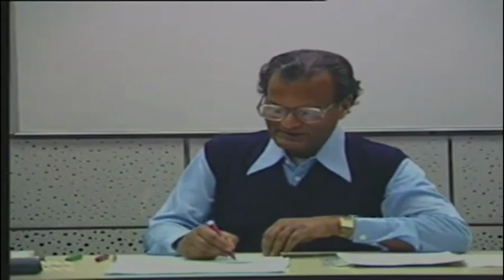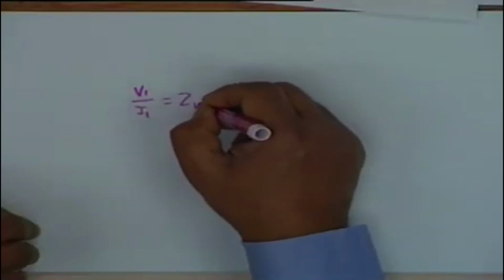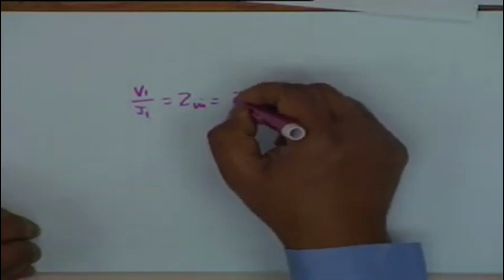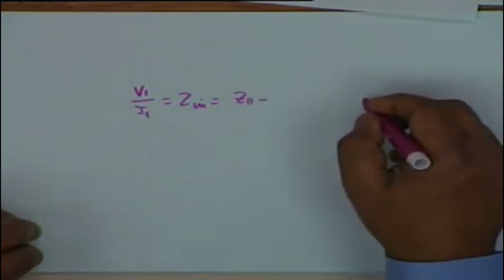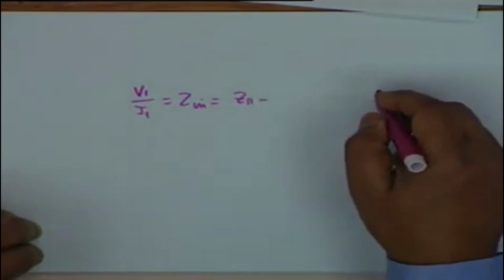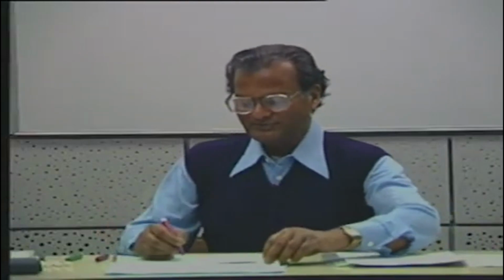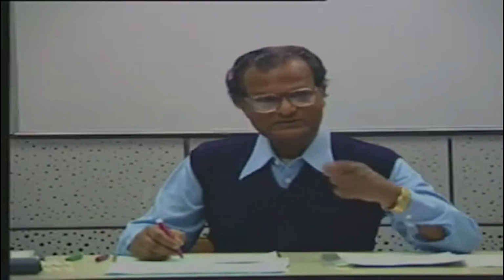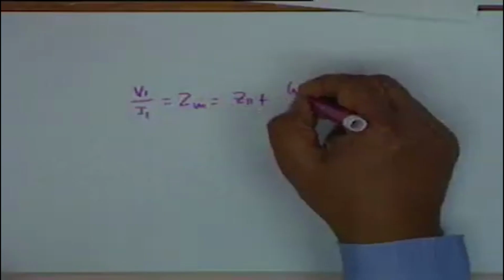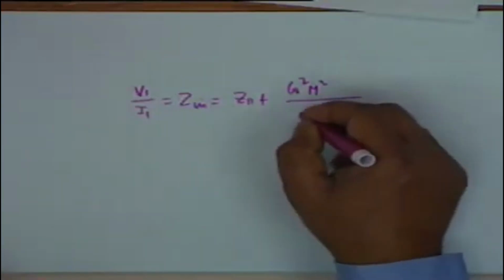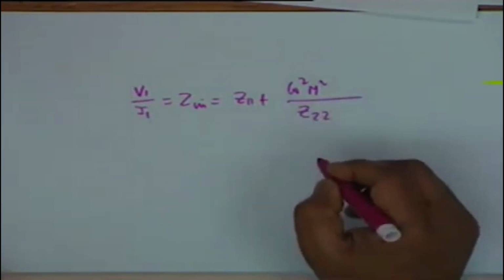Can you tell me what this relationship shall be in this particular case? We call this Z in, Z11 minus, what is Z12? Z12 is j omega M, and therefore minus j squared omega squared M squared would be simply omega squared M squared divided by Z22.